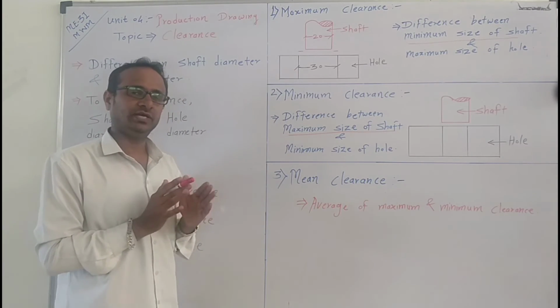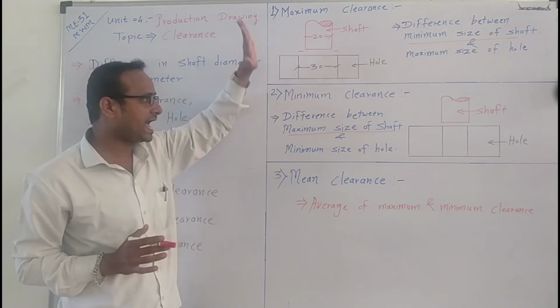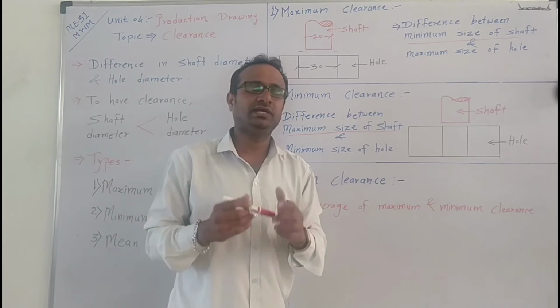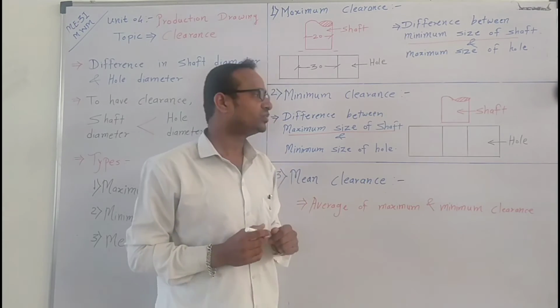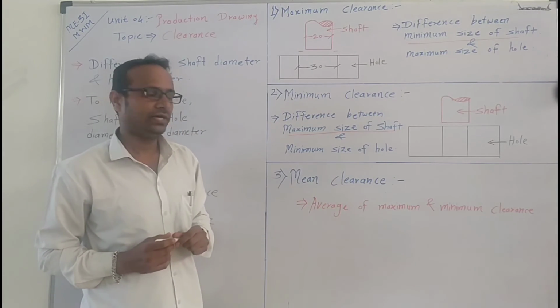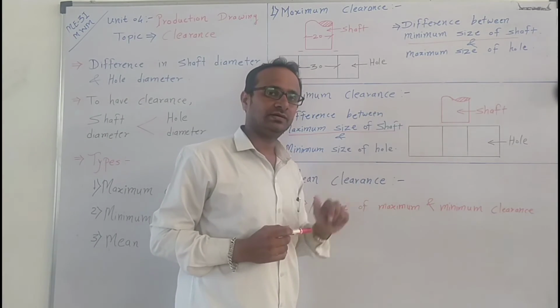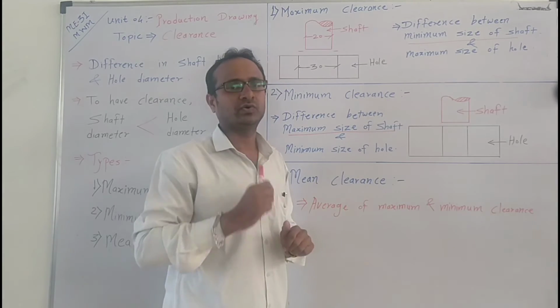The shaft is easily fitted into the hole in maximum clearance, and in minimum clearance the shaft is either press fitted or push fitted into the hole. Here there is also a difference, here is also clearance, but it is provided in microns.